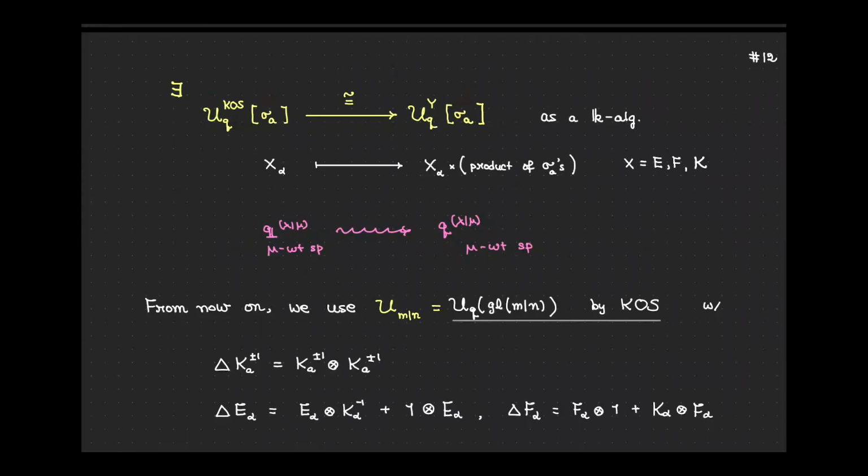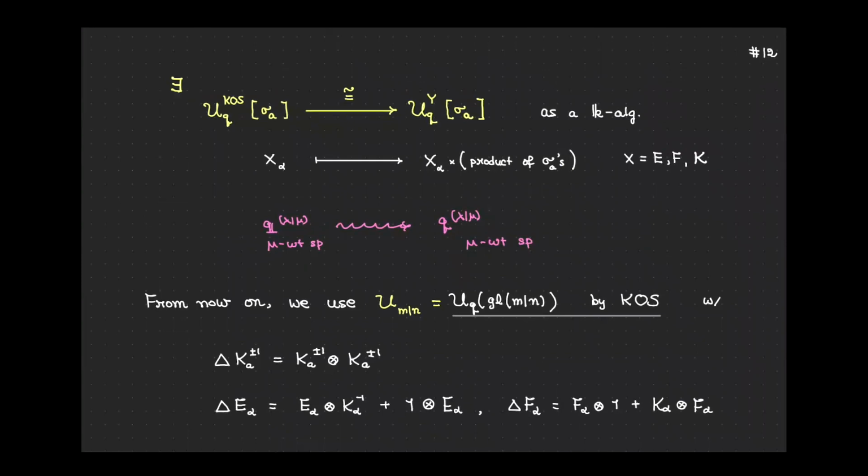And then there is a K-algebra isomorphism, where each Chevalley generator is mapped to the Chevalley generator corresponding to the same simple root, but with some product of the group elements. That's the only difference.